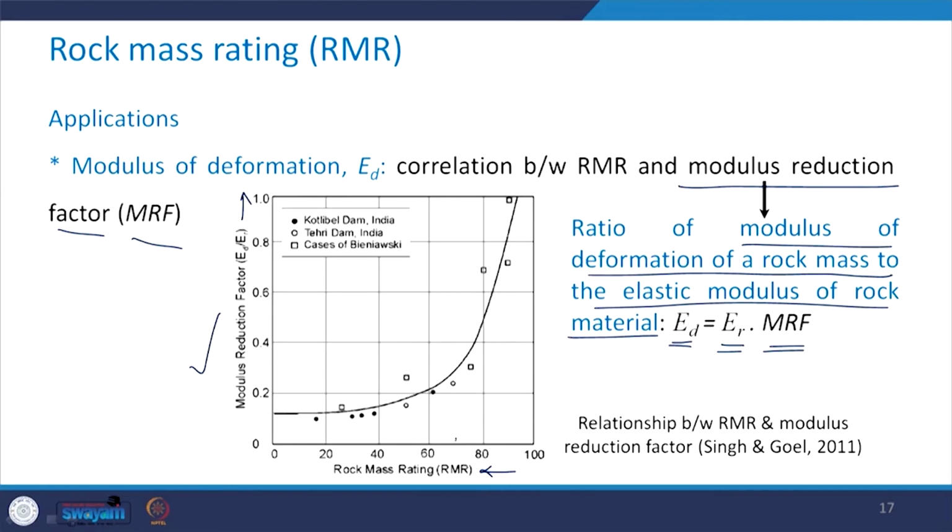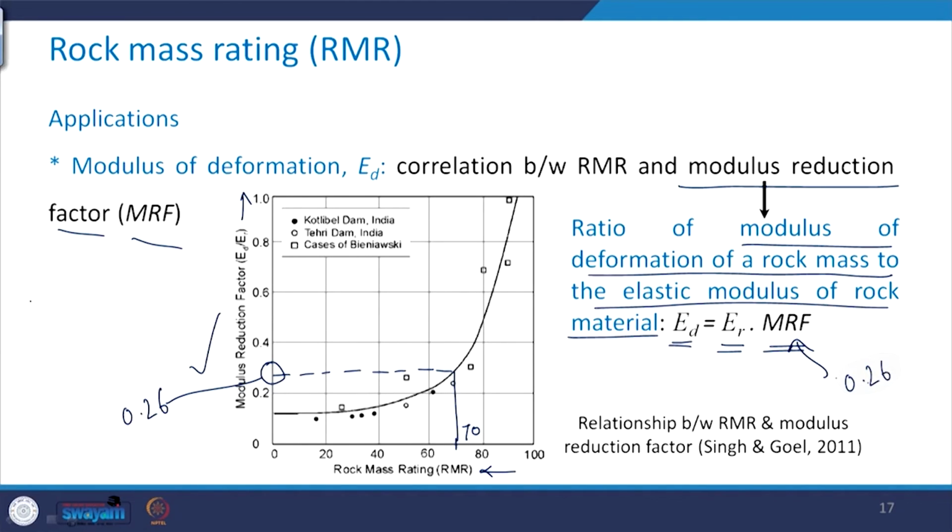So I take the value 70 here and draw a vertical line up to this plot, and then I take this horizontal line from this point and I can read this value, say this is 0.26 in this case. So corresponding to RMR of 70, we have this MRF equal to 0.26.